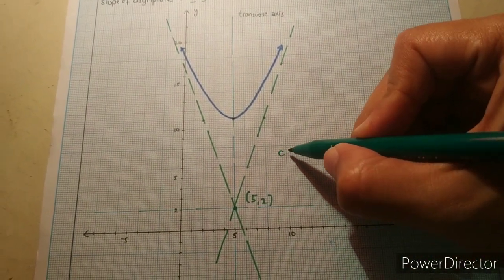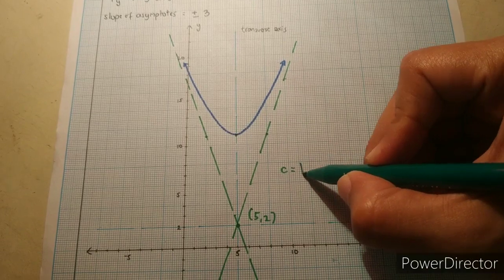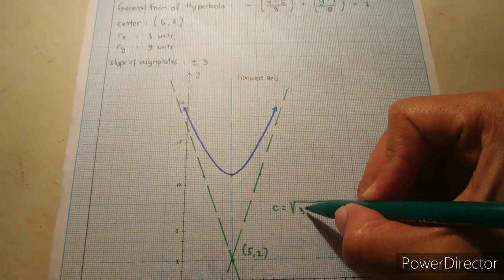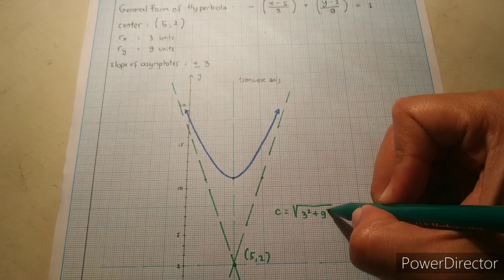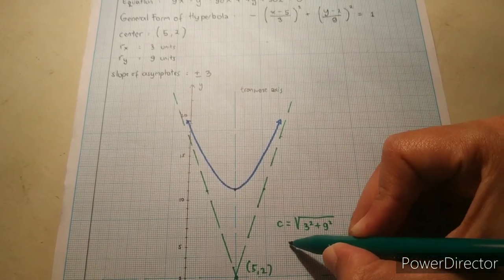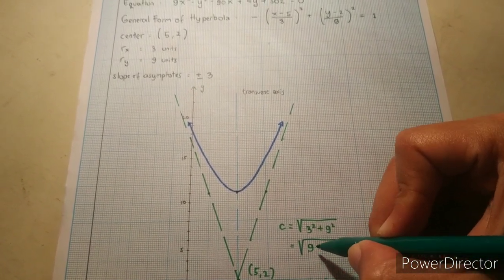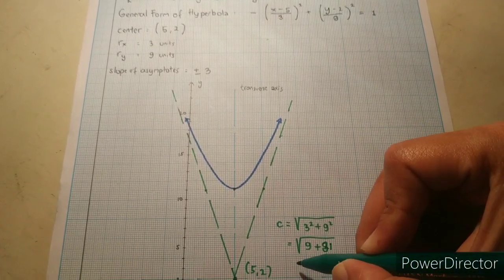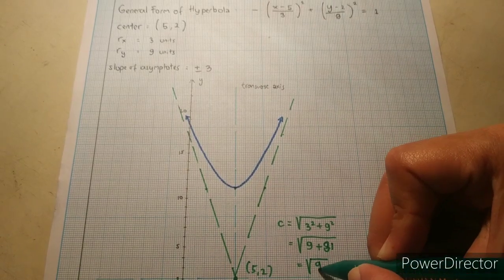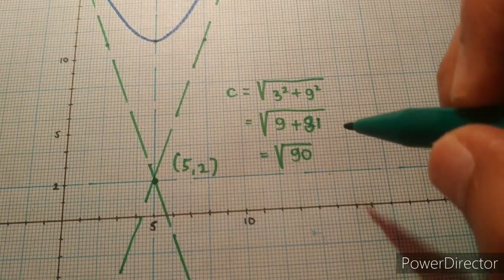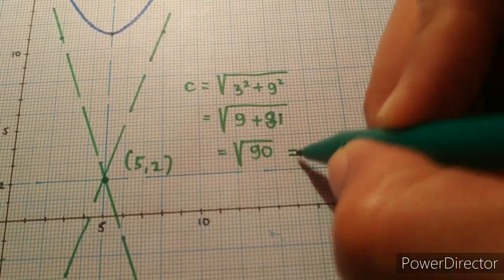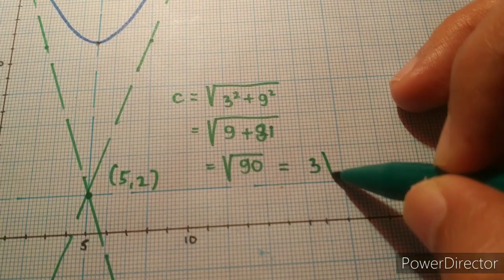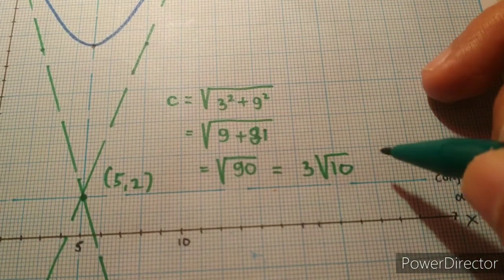Let's find the focal radius, which is the square root of 3 squared plus 9 squared, right? So it equals the square root of 9 plus 81, which is the square root of 90. Since we can simplify the square root of 90, it becomes 3 square root of 10 units.